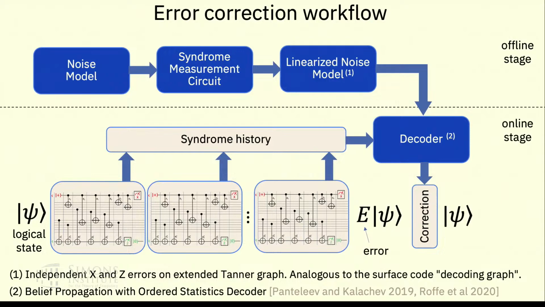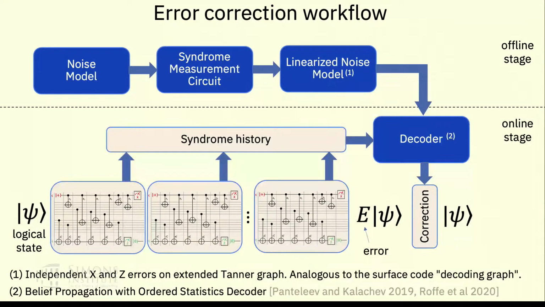Having done that, we can essentially construct the decoding matrix that's required by Yashka to run the BP and ordered statistics decoder. That's what's done offline. We inject every single fault into the circuit, propagate it through using Pauli-Clifford simulation to determine what syndrome that particular fault has.